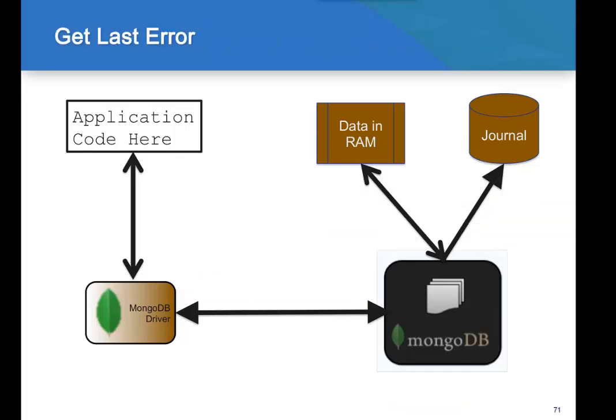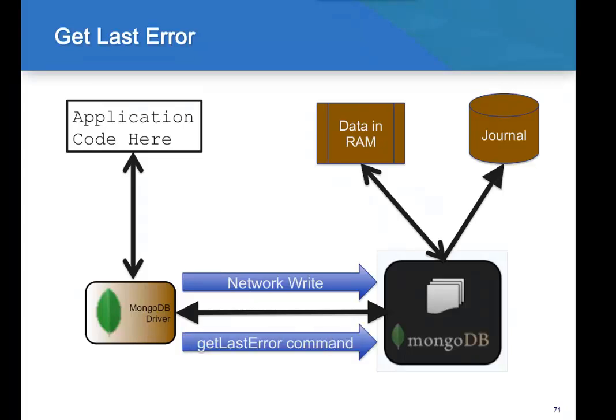However, you may care if the write succeeded. And if you want your application to know if the write succeeded or not, then you have to use something called get last error write concern. And here's the way that works. As before, the driver sends the write out over the network, and then it immediately follows that with a get last error command.